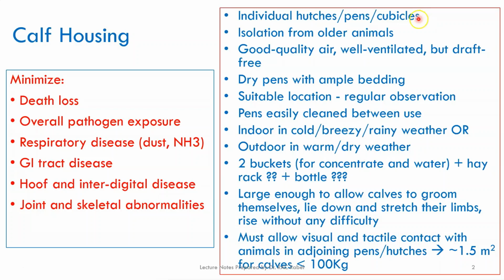When you say calf pen, hutch, or cubicle, that refers to an individual calf pen. Whereas when you say a calf barn or a calf unit, it refers to the building encompassing all these different calf pens. I'll show those as we go along, but do pay attention to these two terms.